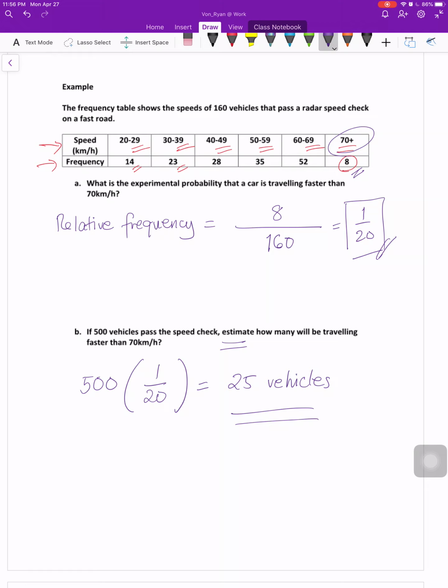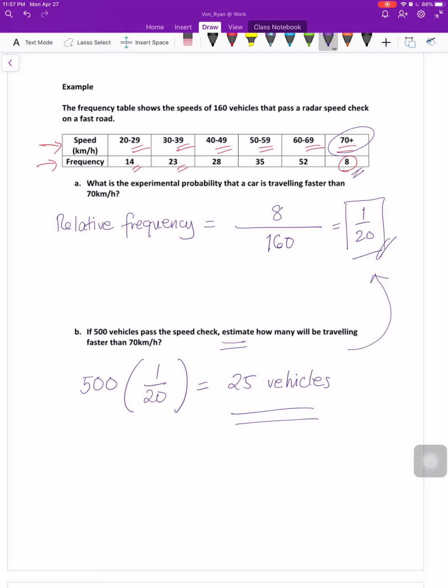70 kilometers per hour. And again, that's an estimate because it is based on the relative frequency from the data you collected. So in essence, if you want your relative frequency to be closer and closer to your theoretical probability, so you end up being able to predict, you have to collect more data.